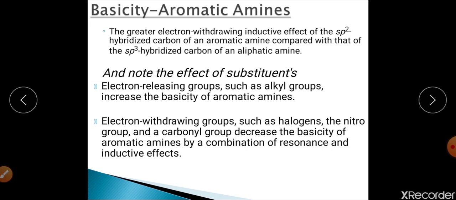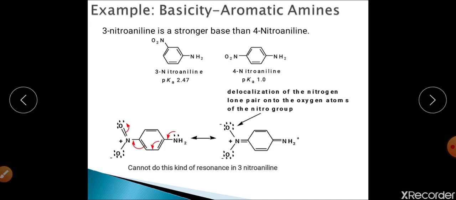For example, if we have an NH2 group, an OR group, a hydroxyl group, or an R group attached at the para position with respect to the nitrogen, they will increase the basicity of the aromatic amines. But if we have an NO2 group, CN group, CHO group, carboxylic acid group, or sulfonic acid group attached at the para position, they will decrease the basicity of the aromatic amines because they tend to withdraw electrons from the system, right?